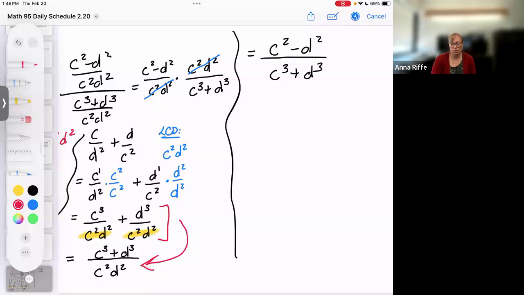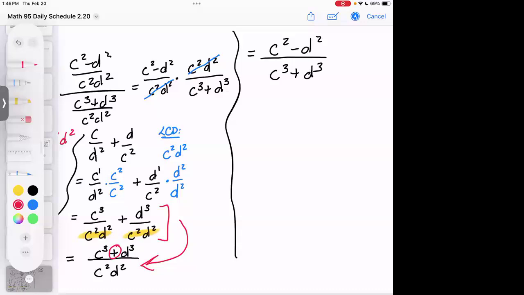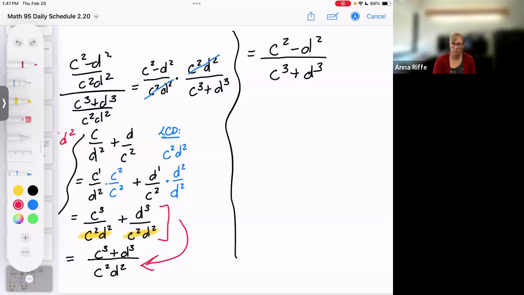I have to write them separated by this addition sign. Okay, I'm going all the way through the problem trying to see. Okay, I see where I made my mistake right there. Okay, thank you.